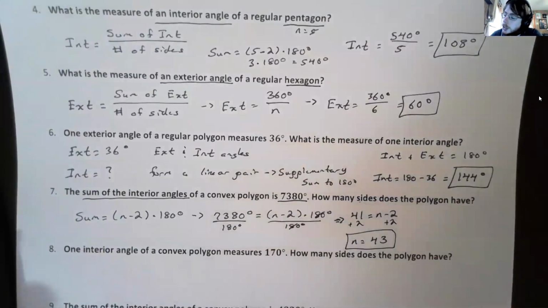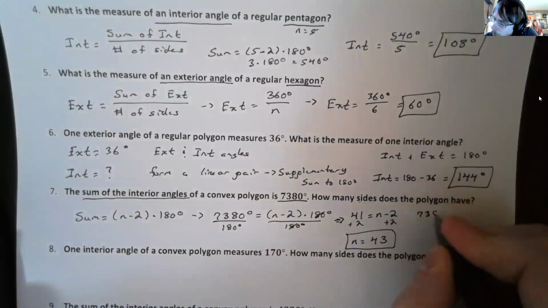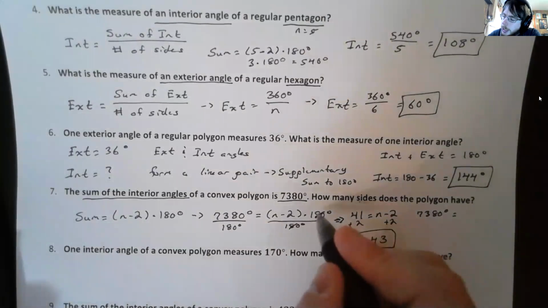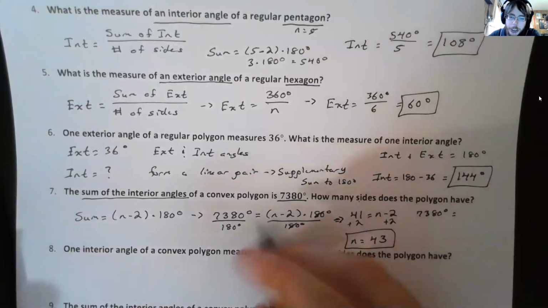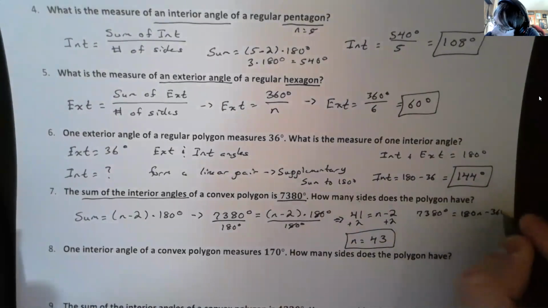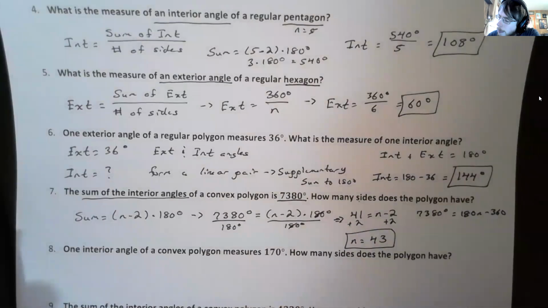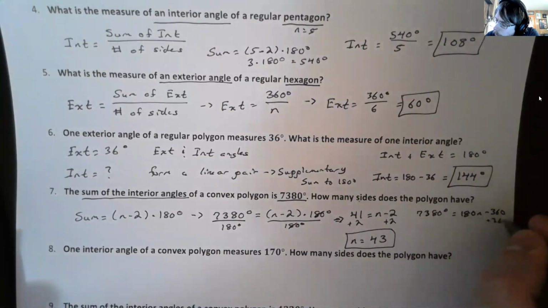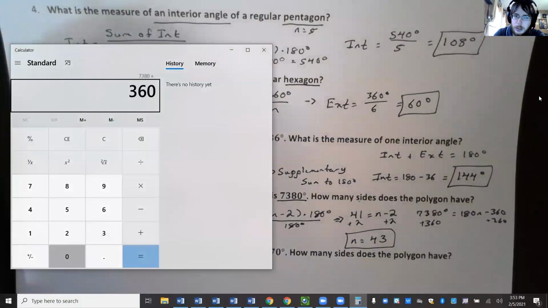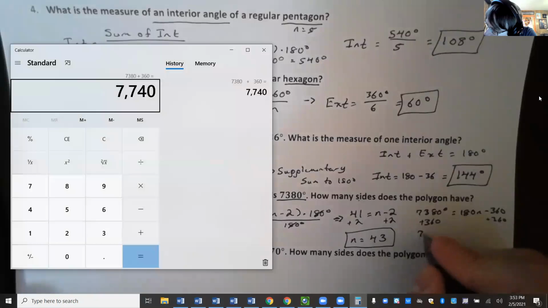Now, the other way you could solve that, you could have distributed the 180 instead. And when you distribute it, you would end up getting 180n minus 360. You would add 360 to both sides, which would give you 7,740.